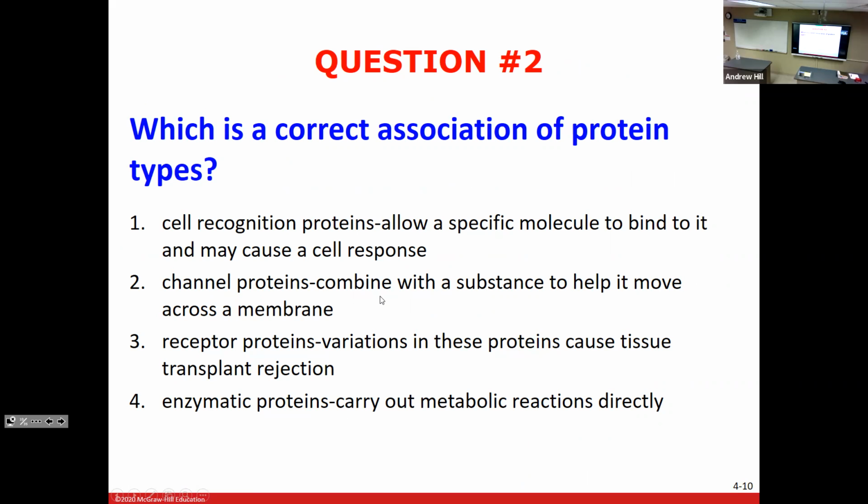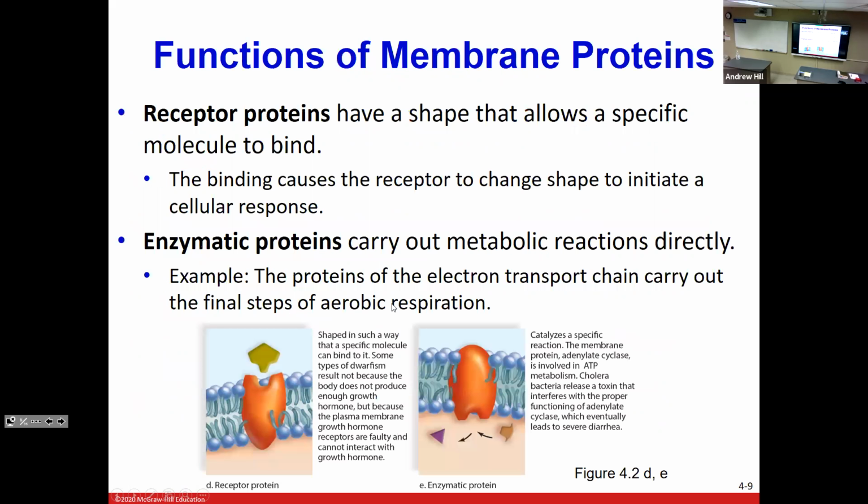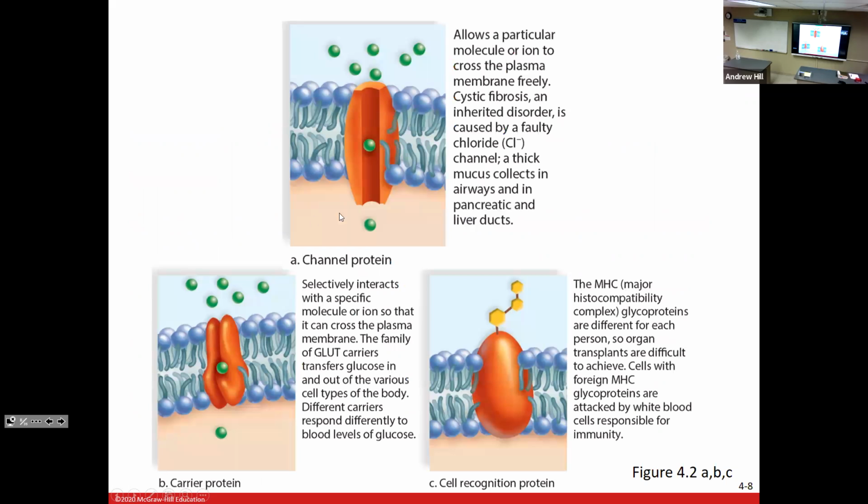Protein channels combine with a substance to help move it across the membrane. Is that true or false? What do you guys think? True? No, sorry. Thank you for volunteering, but it's actually false. This is why we're doing this. There's a lot of confusion between channels and carrier proteins.